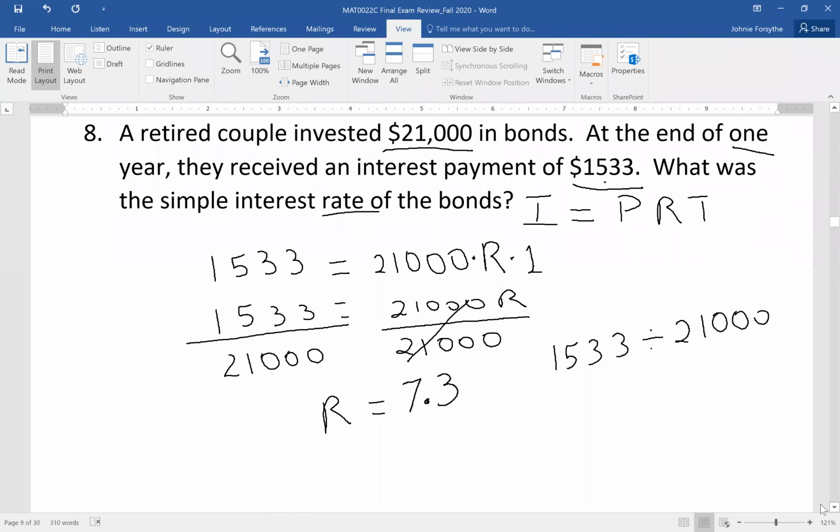Once you did that, you would get 0.073, but in this formula, rate is expressed as a percent. So in order to get the percent, you would have to multiply this by 100. In other words, you have to move the decimal twice to the right, and that's what gives you this 7.3 right here.